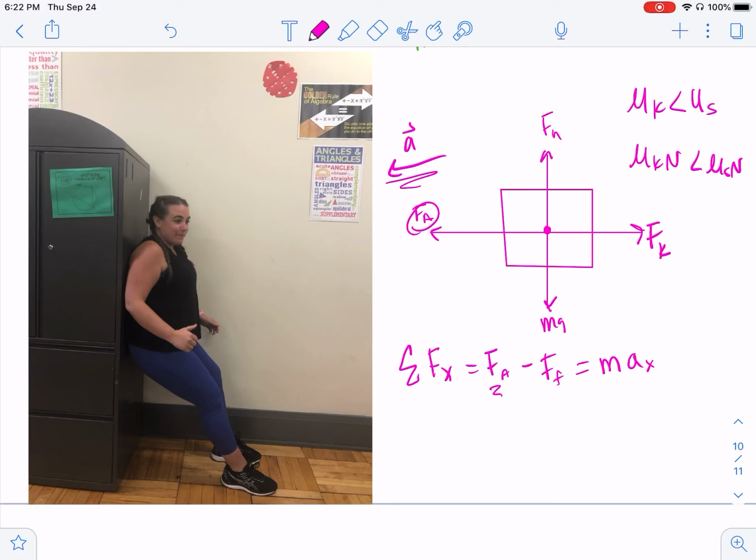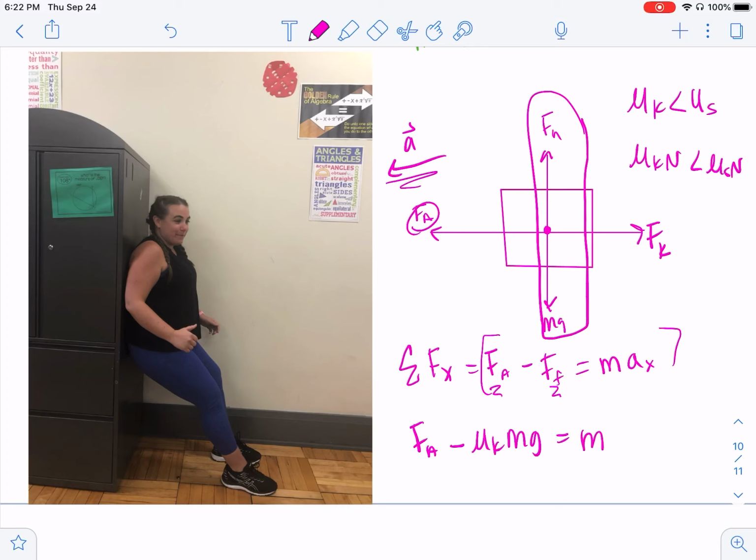But here we now have this situation, and we would say that force applied minus the force of friction, because it is moving, is now kinetic. So mu k mg, I did that mg because once again these two are equal, is equal to max. And this is where oftentimes you might be given some information about the acceleration and you can solve backwards.